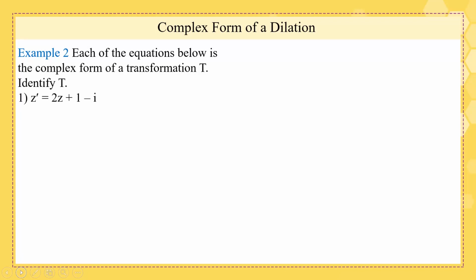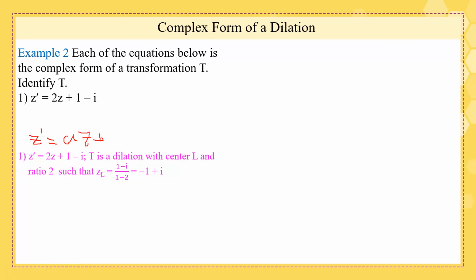Identify T. First part, Z prime equal Z plus 1 minus I. Before we start, try to think what is the nature of this transformation T. Yes, as you said, Z prime is the complex form of a dilation with center L and ratio 2 because it is similar to the form Z prime equal AZ plus B. By comparing, here A will be the ratio 2 and B here equal 1 minus A times Z of L. So Z of L will be B over 1 minus A. So Z of L equal 1 minus I over 1 minus 2 equal minus 1 plus I.